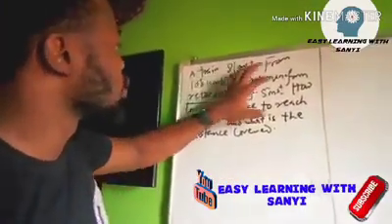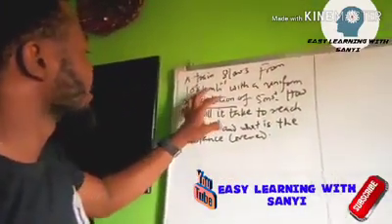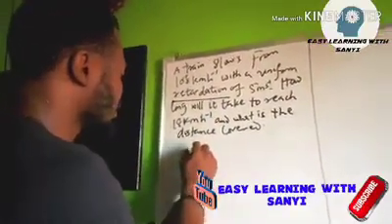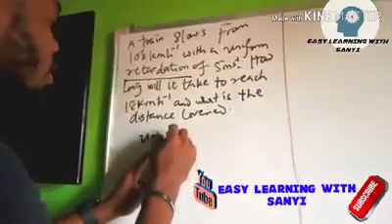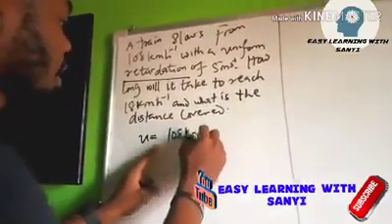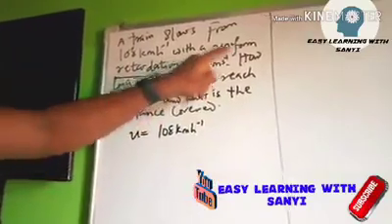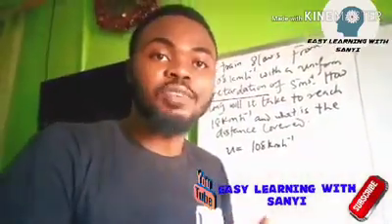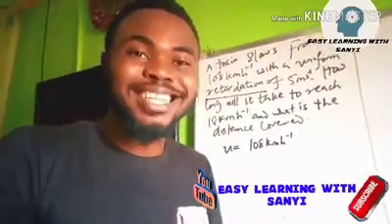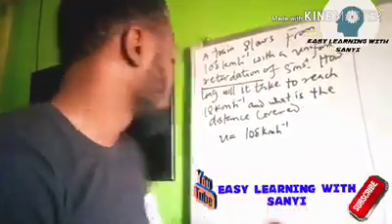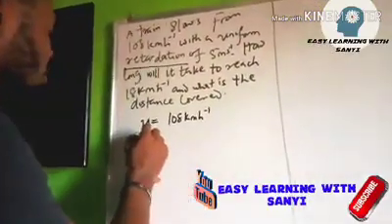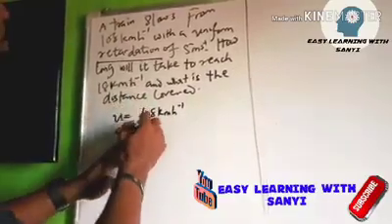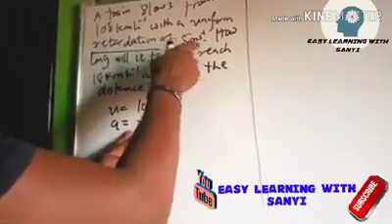A train slows from 108 km per hour, so the initial velocity of the train is 108 km per hour with a uniform retardation. Retardation is the opposite of acceleration. Retardation is negative acceleration, so the acceleration is negative 5 meters per second squared.